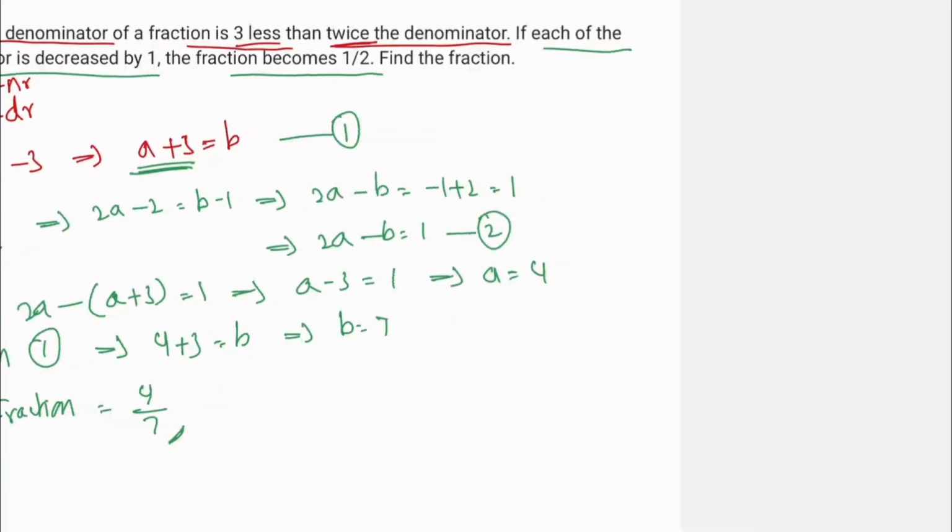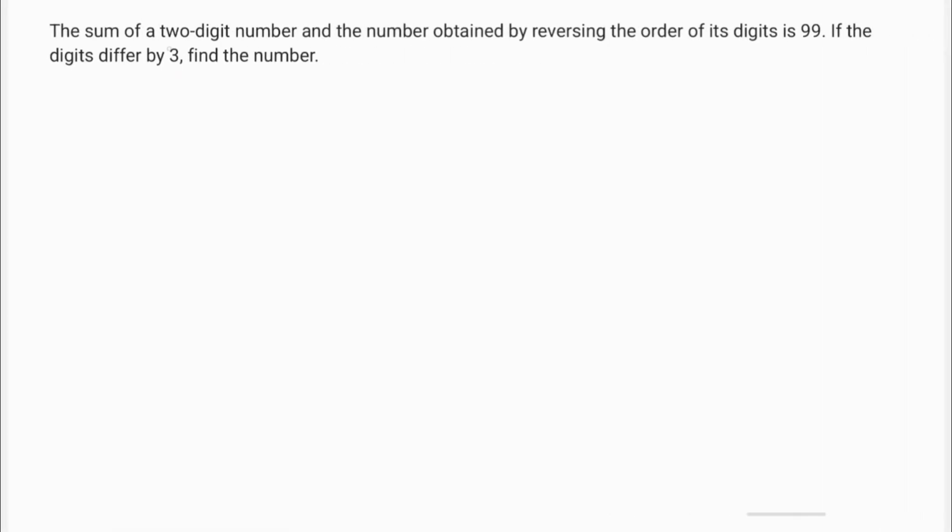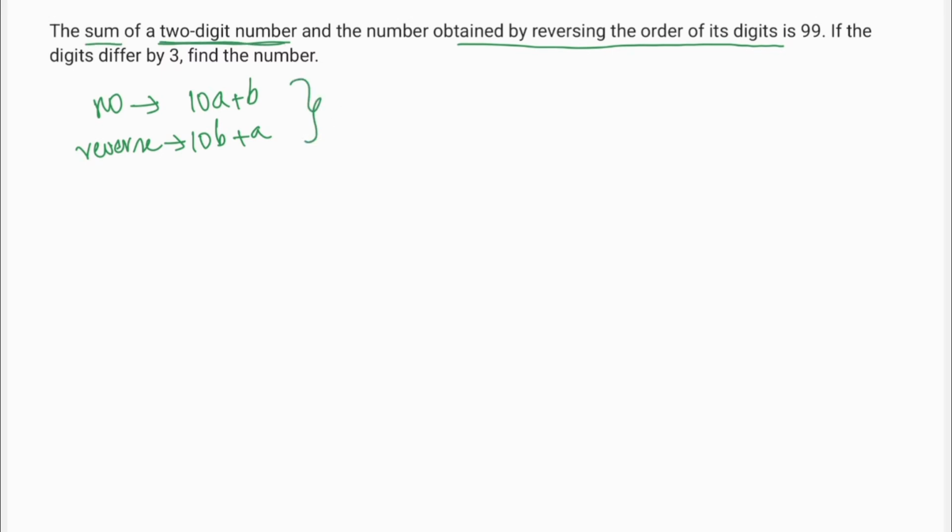Okay. Next one. The sum of a two-digit number and the number obtained by reversing the digits. Okay. So the two-digit number is 10a plus b. Okay. And if we reverse the order of the digits, we will get 10b plus a. Okay. This is when we reverse the digits. Okay, and it is told the sum of these two numbers is 99.